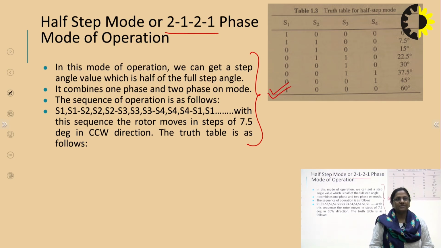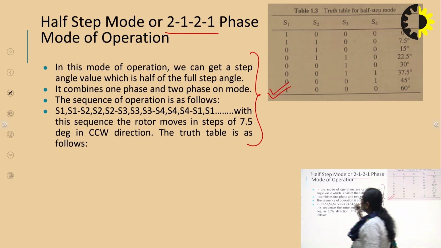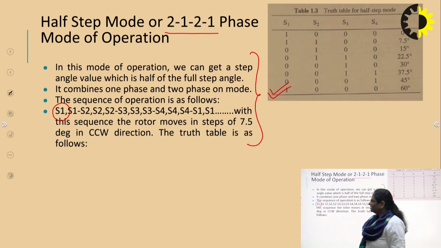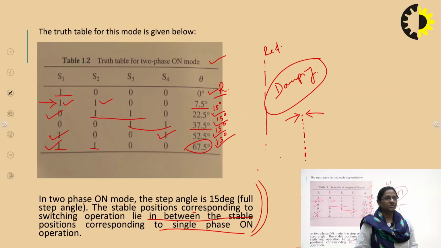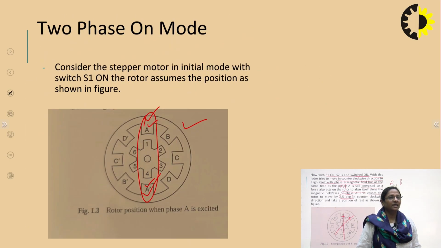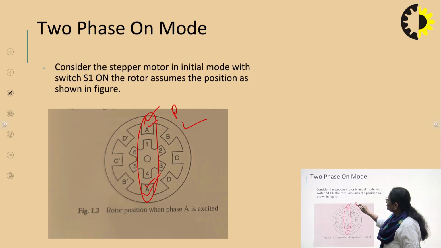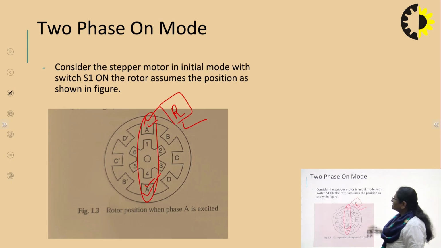It combines the one phase and two phase mode of excitation, and the switching sequence would be as follows. First of all, switch S1 alone is turned on. Turning on switch S1 causes excitation of phase A, and it is the same position you just recall. Rotor aligns itself with the magnetic field of phase A. This is our reference position of rest, right?